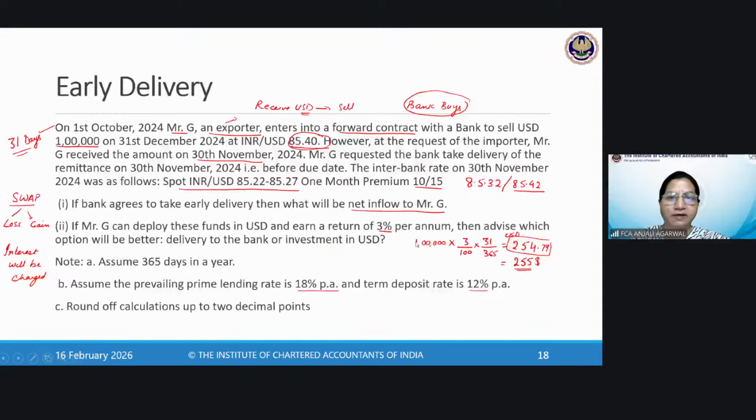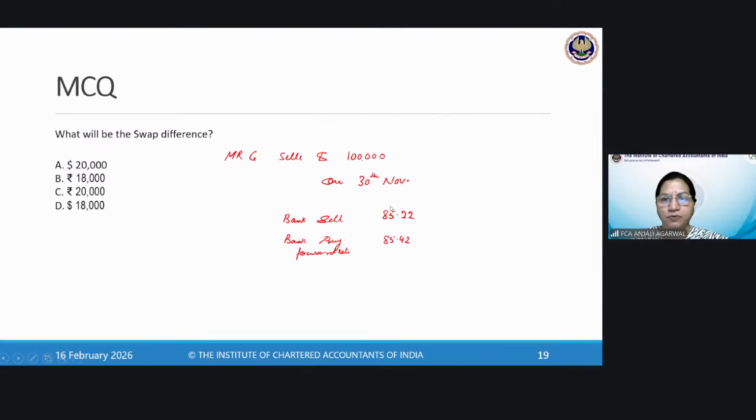So look at it. Mr. G will make the dollar payment to dollars to bank. What will the bank do with that? Bank will sell it in the open market at the bid rate. But to cover its position on 31st December, because now on 31st December, G will not be giving him the dollars, bank will buy it in the open market at 85.42. So this is the swap difference, 85.42 minus 85.22.